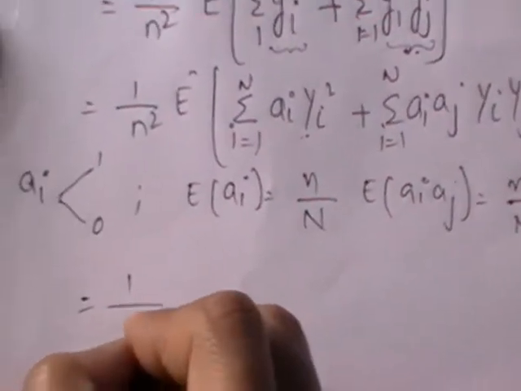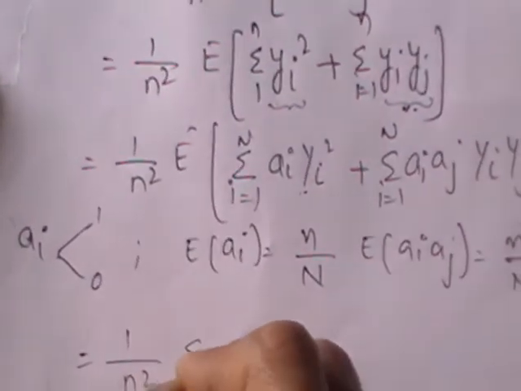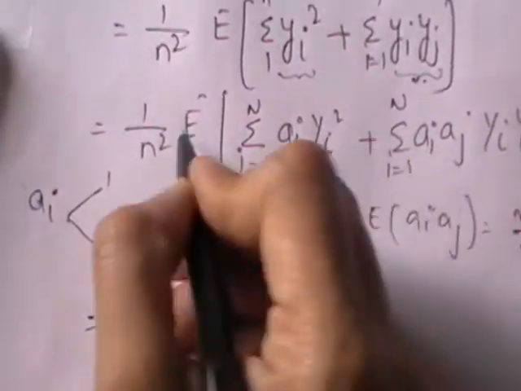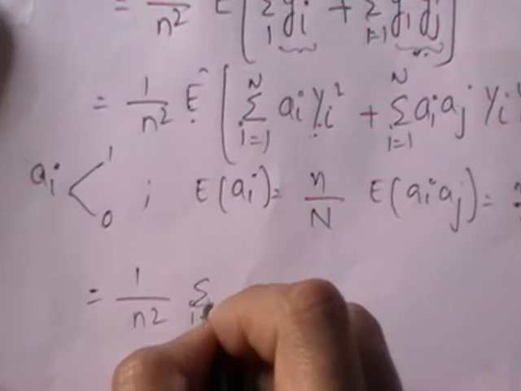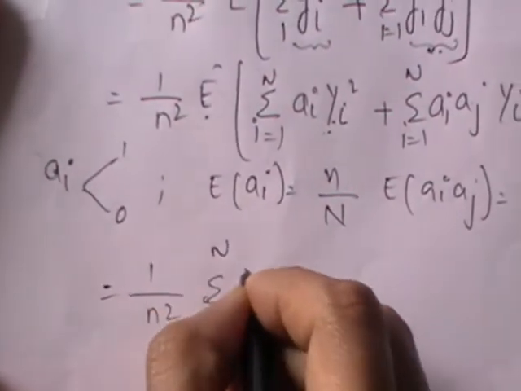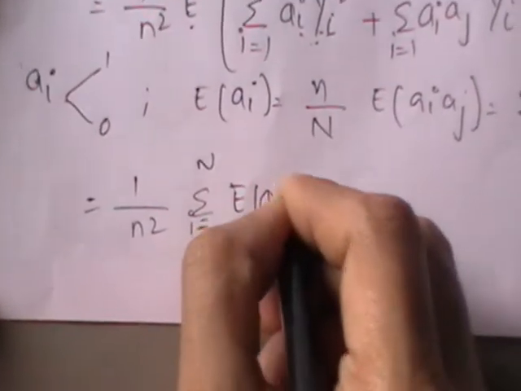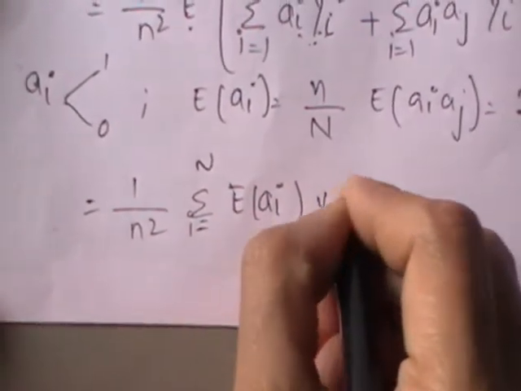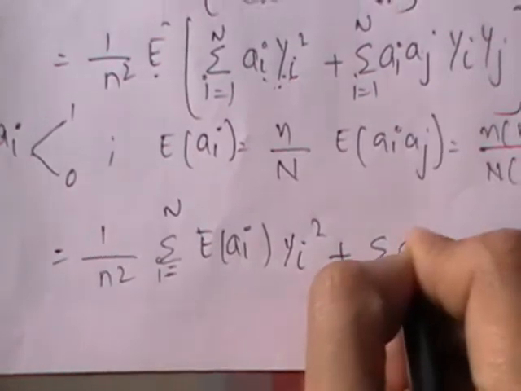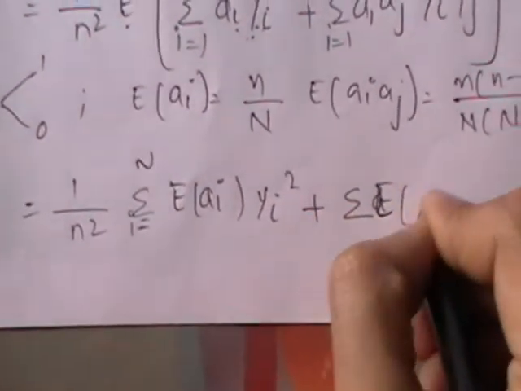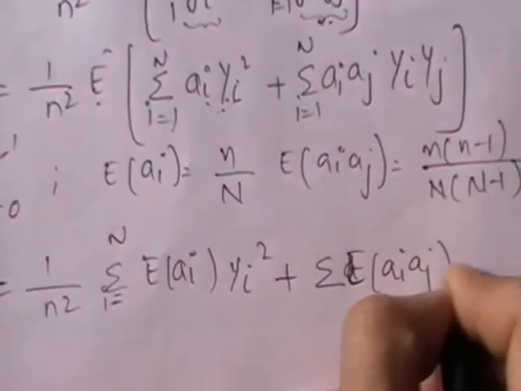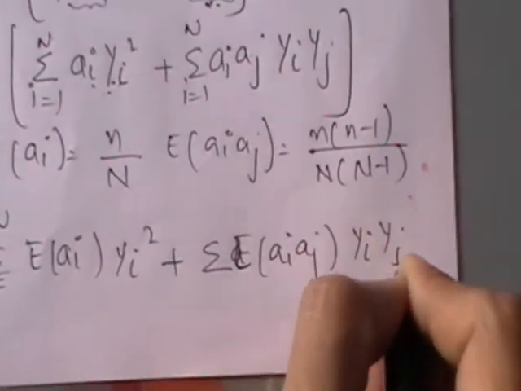So this becomes 1 by n square. The sigma can be taken inside. For the first term, i is equal to 1 to N, here ai is the variable and yi square is a constant, so ai yi square, plus expectation of ai aj into yi yj.